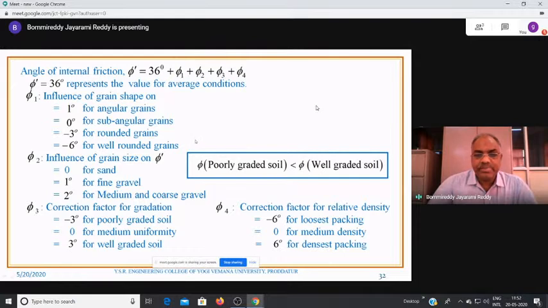So finally, the angle of internal friction for a cohesionless soil can be computed as 36 plus several other parameters. And finally, the angle of internal friction for poorly graded soil is always less than the angle of internal friction for well graded soil.